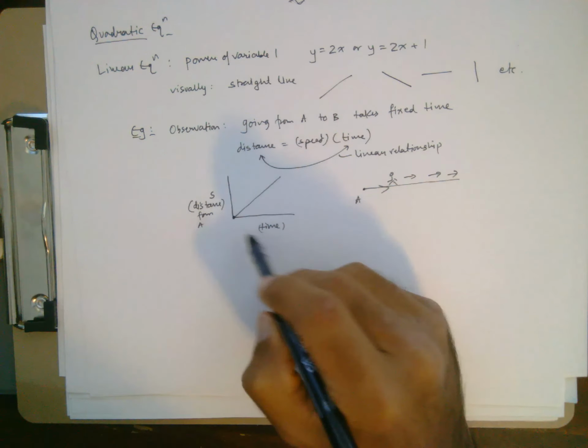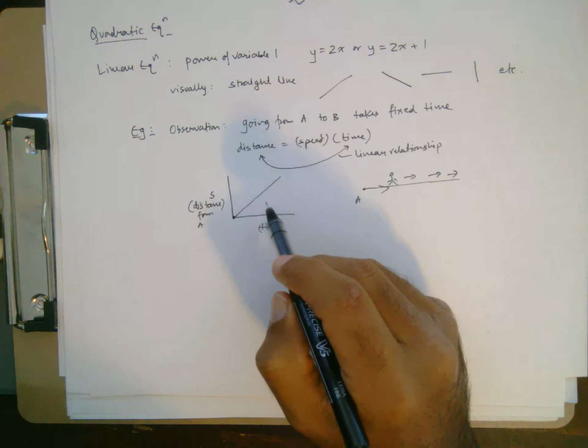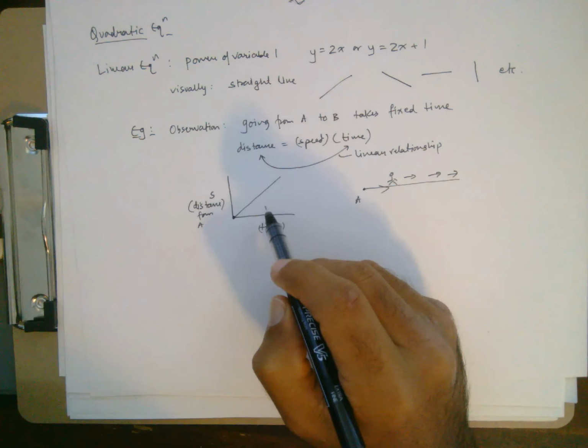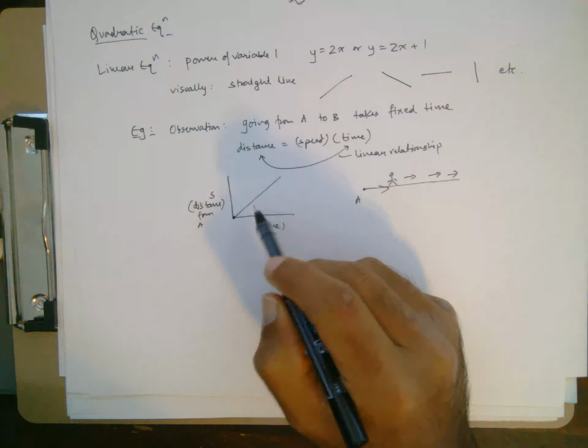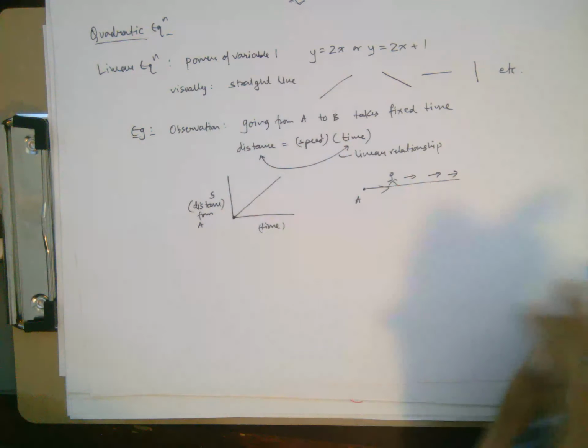Now the reason we draw this picture is we can find a bunch of other information from these graphs. So this is an example of a linear relationship.